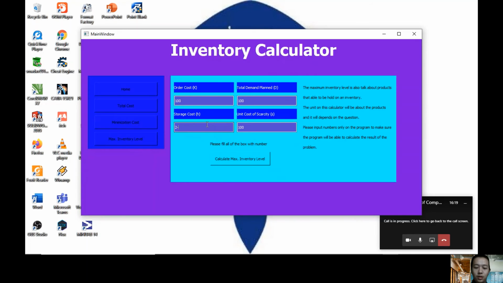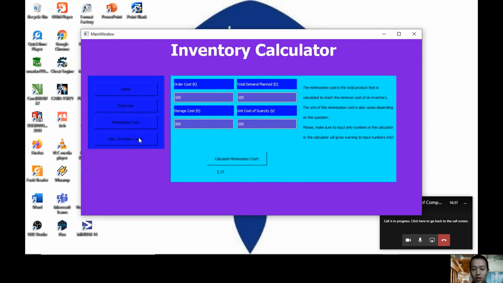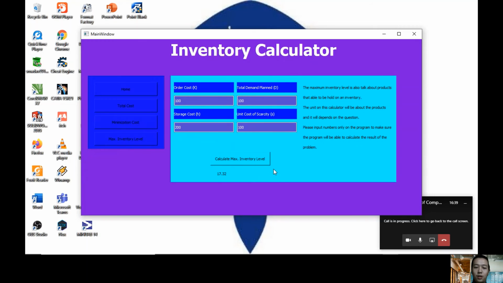So if we change it again, it will be able to calculate the constraints. And the unit of the maximum inventory level is the same as the minimization cost. It is about the product result. If it is a pair, then it is a pair unit, or if it is a box, then it is a box unit. So it is universal depending on the problem itself.